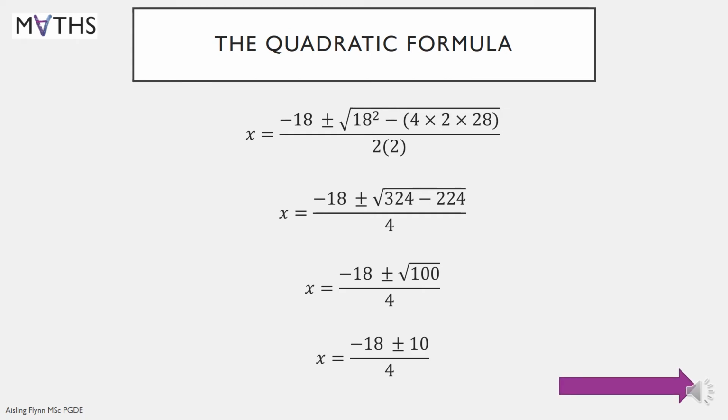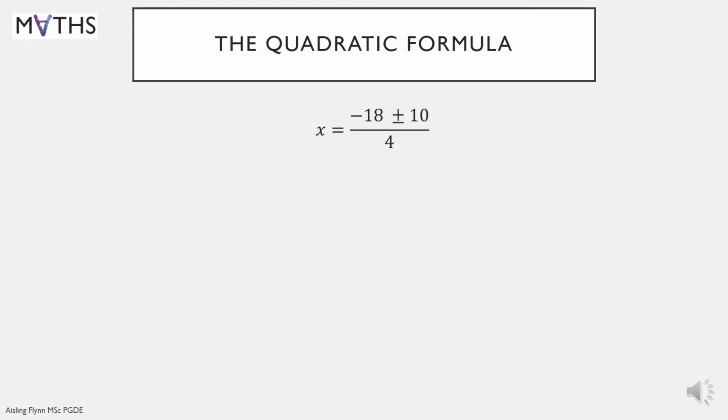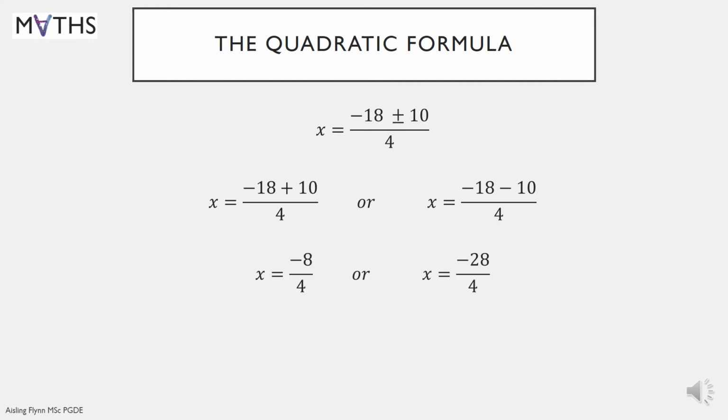So how do we continue? This is where we use that plus or minus. So we separate the work into 2 lots, one where we use the plus: minus 18 plus 10 over 4, and one where we use the minus: minus 18 minus 10 over 4.